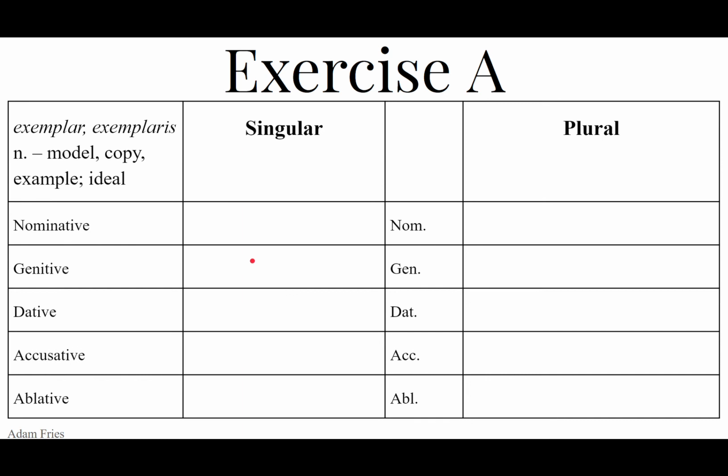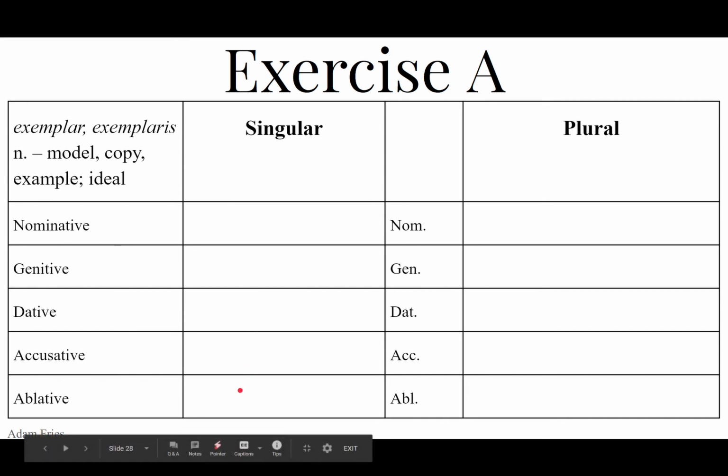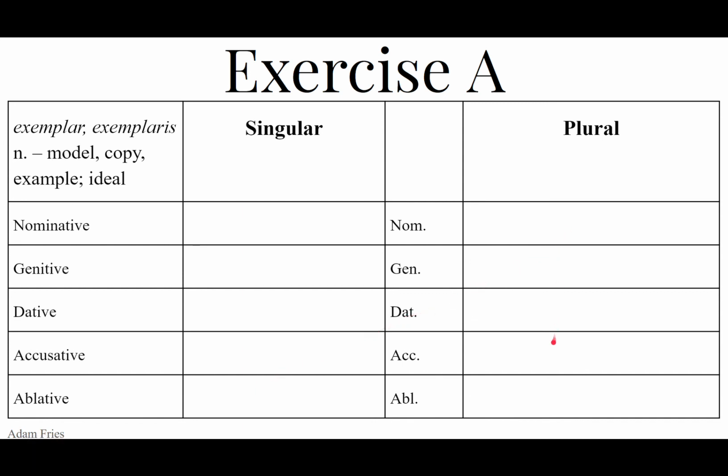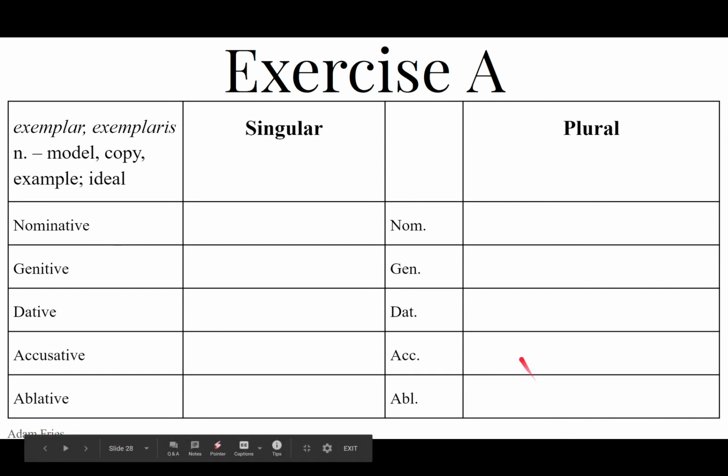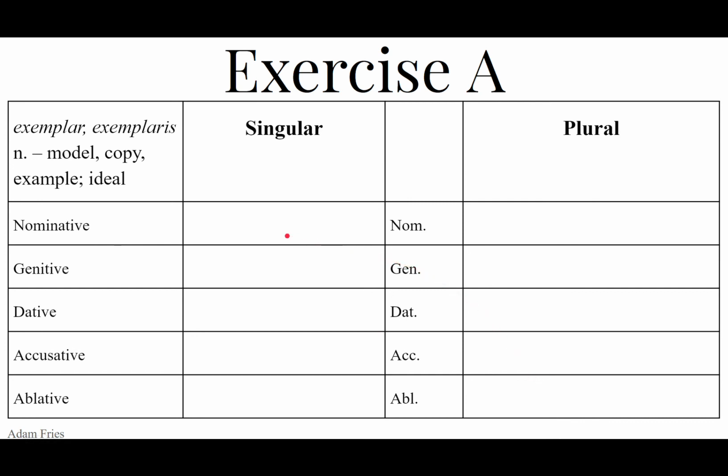Blank, -is, -e, same as nominative, -e, as in the letter I, -ia, -ium, -ibus, -ia, -ibus. So the nominative is exemplar, then exemplaris. The stem is going to be exemplar.